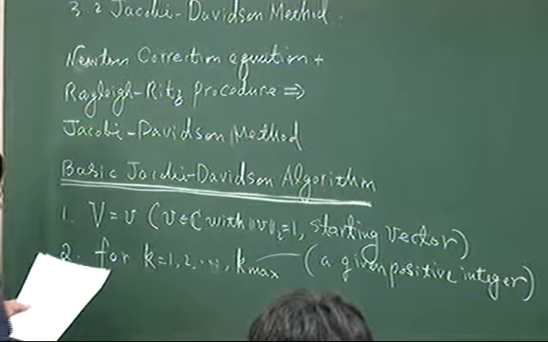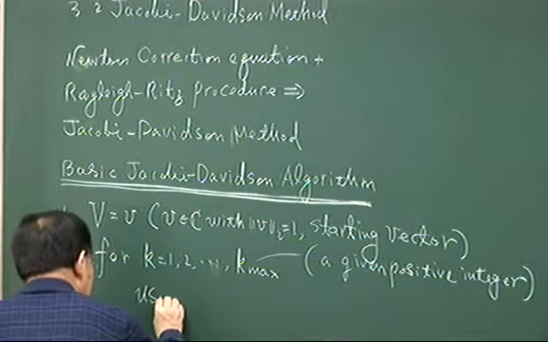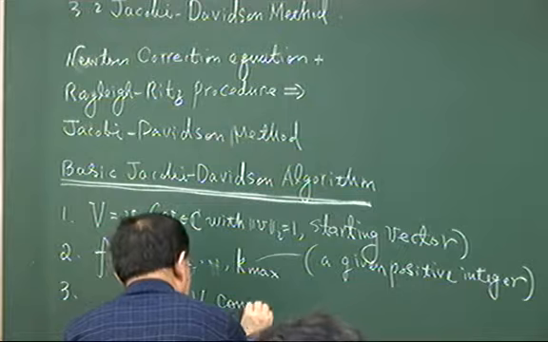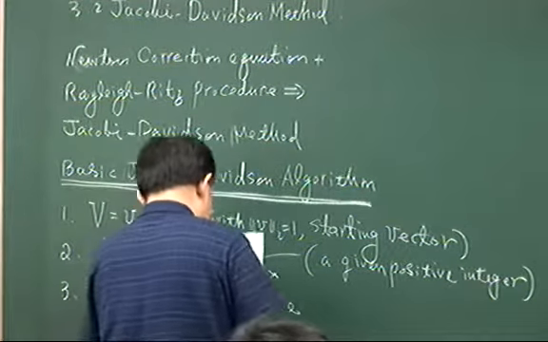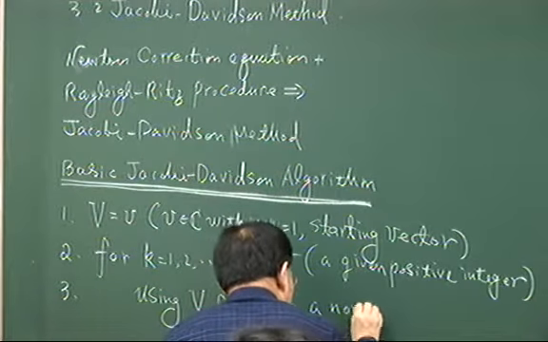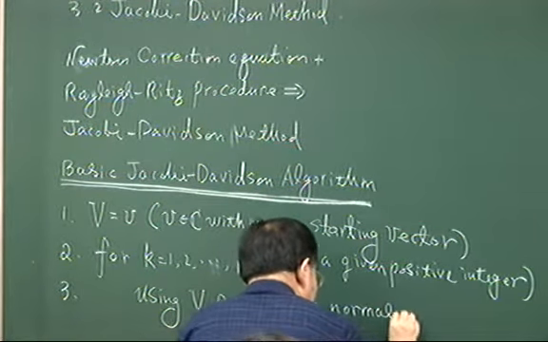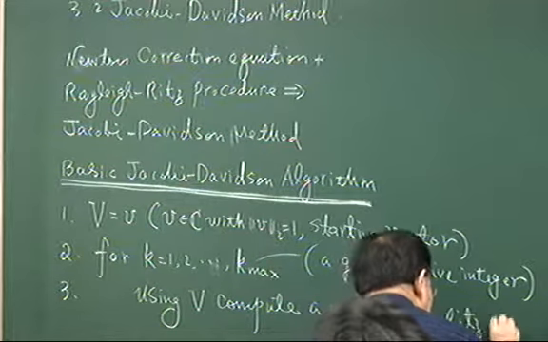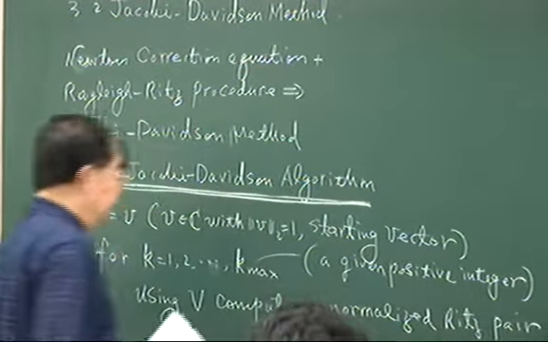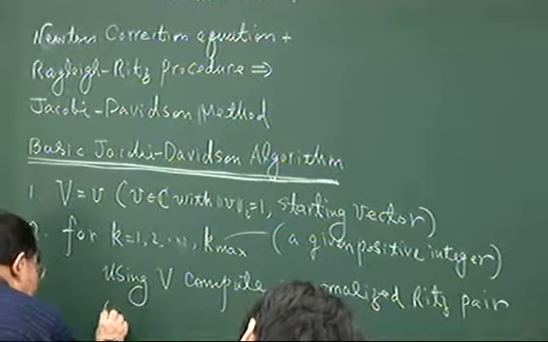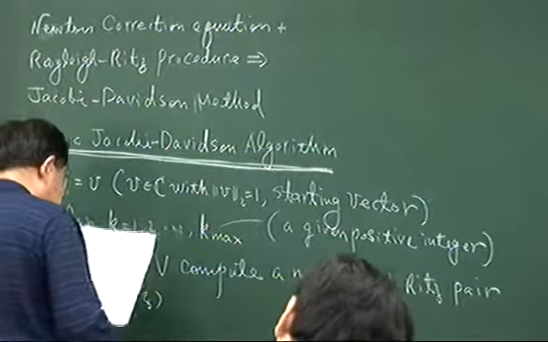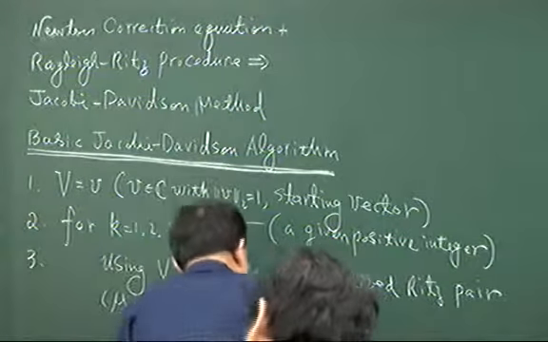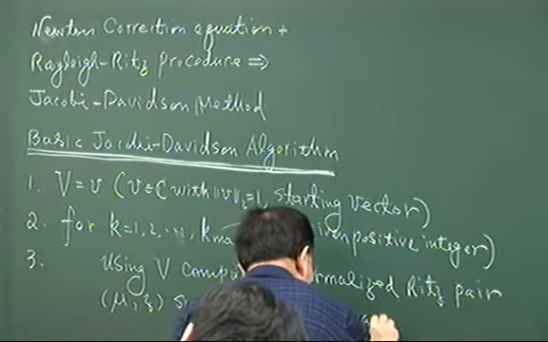Then we compute a normalized Ritz pair (mu, z) such that mu is near tau.